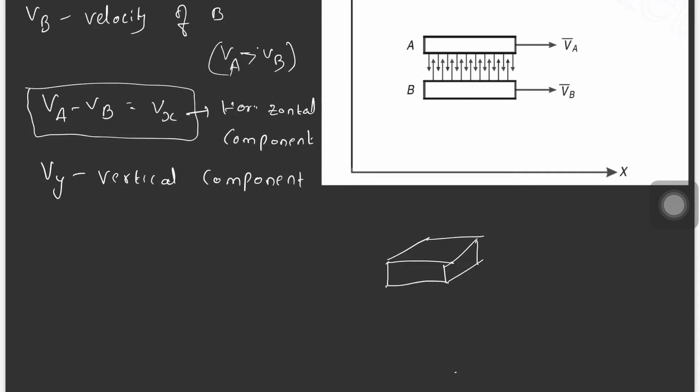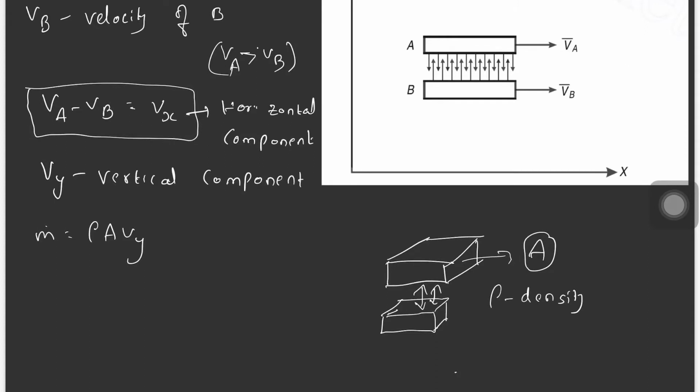Now if you take the area of this particular layer, the area over which this whole flow is happening as A, and the density of fluid as rho, then the mass transfer between, there is another layer here also, the top one is layer A, the bottom one is layer B. So if we take that, then the mass transfer that happens between these two can be written as rho A Vy, mass transfer per second.